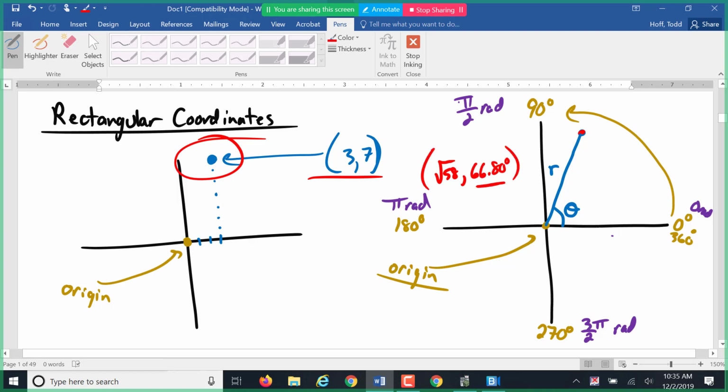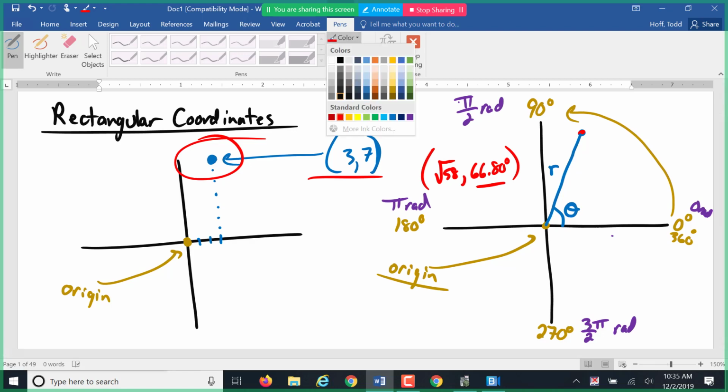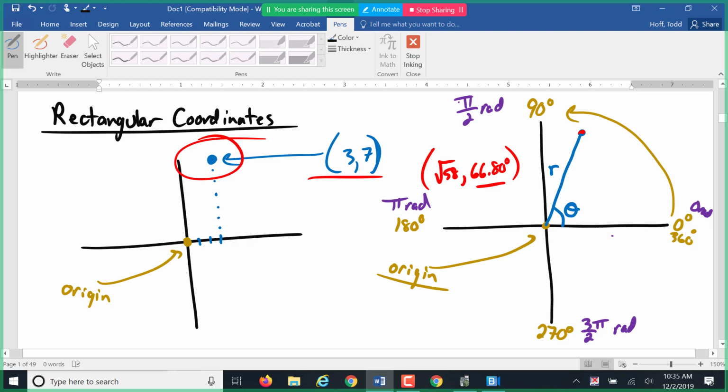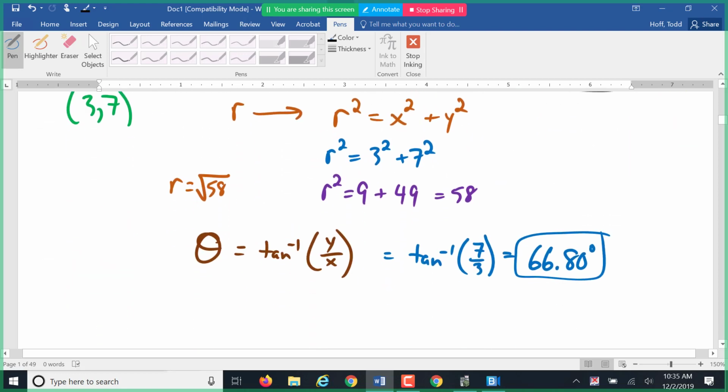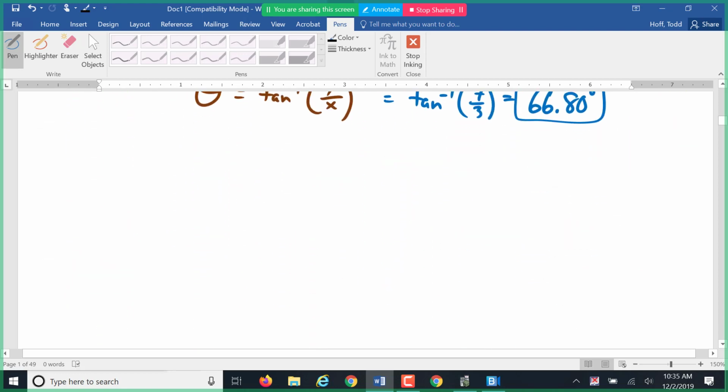Again, often that theta is listed in radians, but I don't have it in radians right now, I have it in degrees. So we converted a rectangular point into polar coordinates. Let's go the other direction. Let's take a polar coordinate and convert it into a rectangular point.